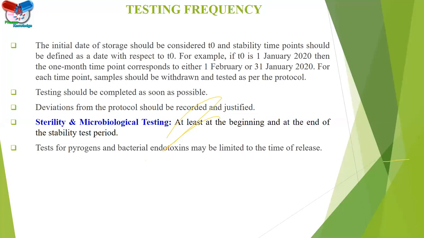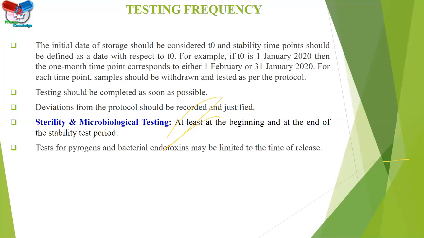Microbiological testing should be done at least at the beginning and at the end of the stability test period. Some auditors or some persons say, why are you doing the microbiological testing if there is a container closure system?